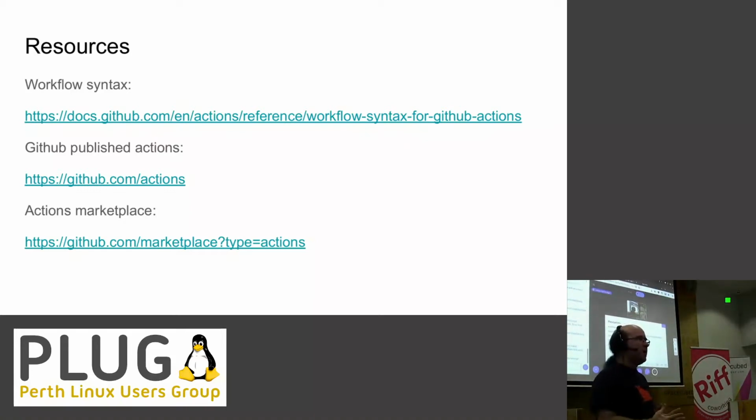Let's see. There are some things which it would be nice to have. As I said earlier, the secrets by default are only available to jobs which are initiated by someone who has write access to the repository. It would sometimes be nice to have something which is available to everyone. That's obviously not a hard secret, because if anyone can modify the action in a pull request and then have the pull request run the modified workflow, you could easily exfiltrate the secrets that way.